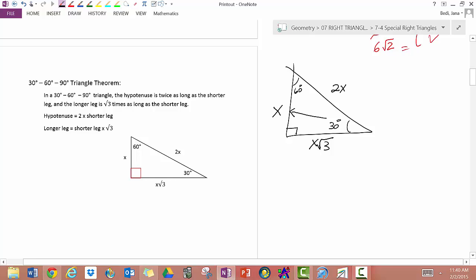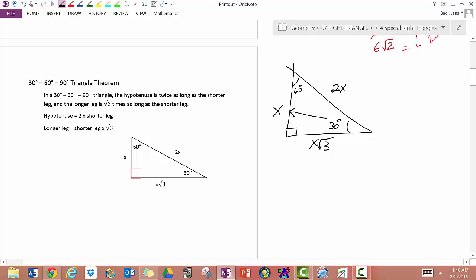So the hypotenuse is twice the shortest leg. If you are given x, the shortest leg, you just multiply that by root 3 to get the long leg, and then multiply by 2 to get the hypotenuse.